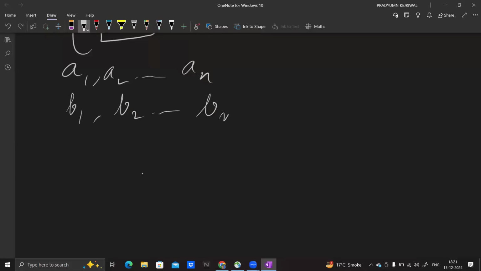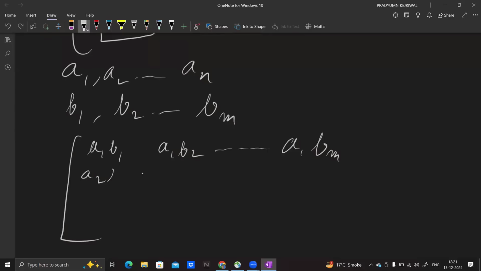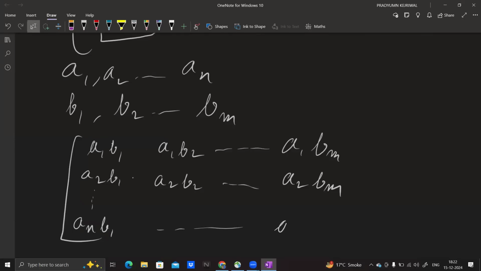For example, if the array is A1, A2 up to AN, and the array B is B1, B2 up to BM, the matrix would be A1B1, A1B2 up to A1BM, then A2B1, A2B2 up to A2BM, and we can continue like that, up to ANB1 up to ANBM, right?